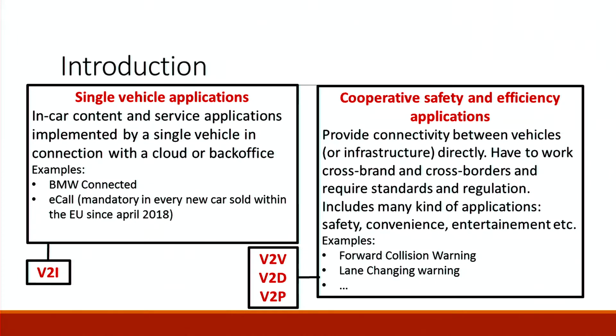V2I is enough. But what car manufacturers are really interested in now, and also governments, because this is going forward, this is going to be more and more of a problem. The number of people who are injured or die on roads is a problem anywhere in the world.